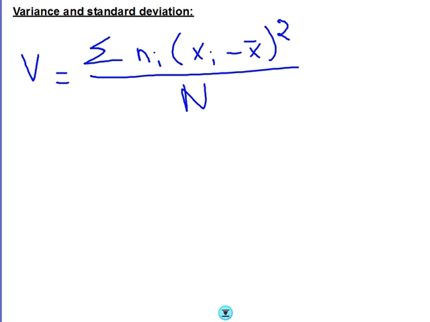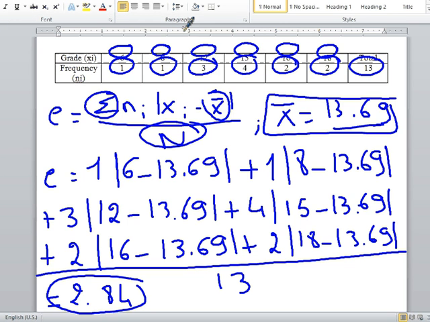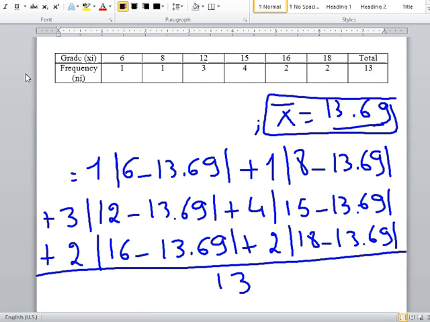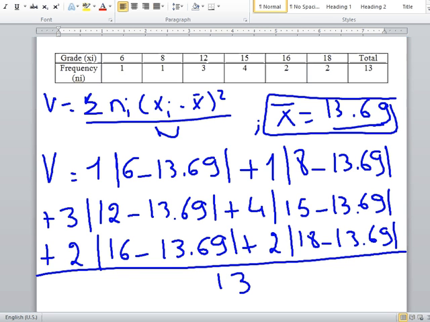Okay, so here, so let's go back to our example. Here we found x bar, the mean, it's 13.69. Okay, we have to find the variance. So V equals, we said it's summation of Ni times xi minus x bar squared divided by the total frequency.